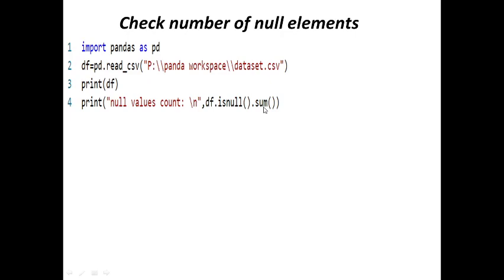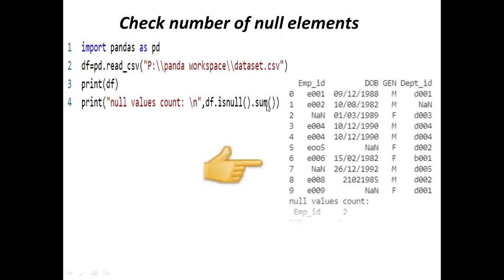Wherever null element is found, sum function is going to consider that element as null value and it is going to add all those values and it will return number of null elements in each column, right? So when we run this code, output will be, first it will print the value of data frame and then null values count.